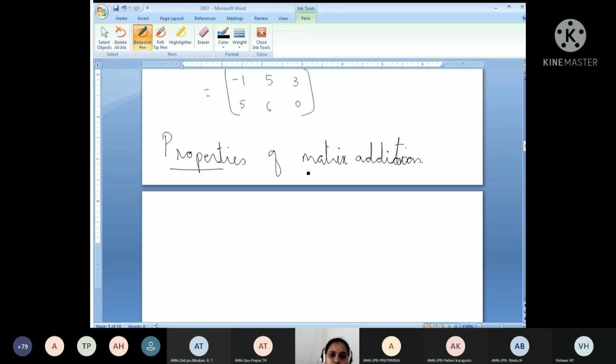Fine. So you have altogether 4 properties. They are also very easy properties. First property or law, you can write laws of matrix addition or properties of matrix addition.